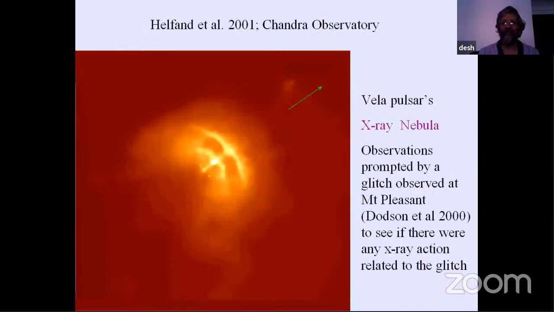X-ray nebulae, of course, would be seen. What I want to say here is that this beautiful image of an X-ray nebula was not produced because one wanted to study the nebula and that was the declared target. One was actually studying some glitch phenomena in the case of the Vela pulsar, and wanted to see at the time of the glitch whether there were any appreciable changes in the X-ray intensity of the pulsar.